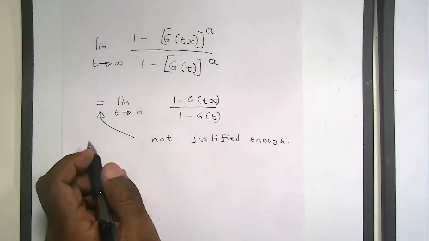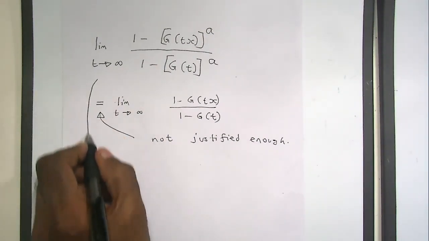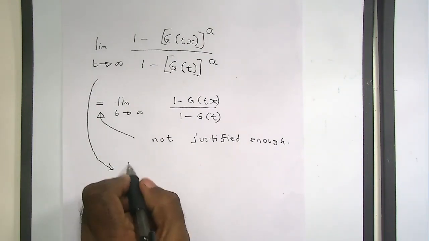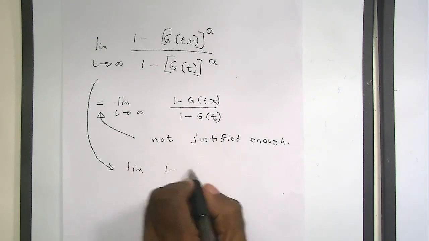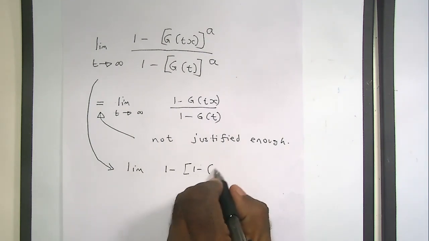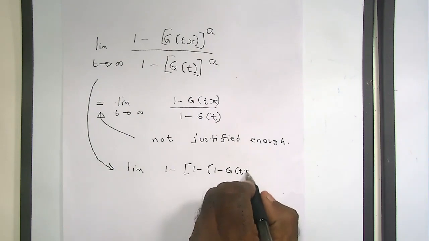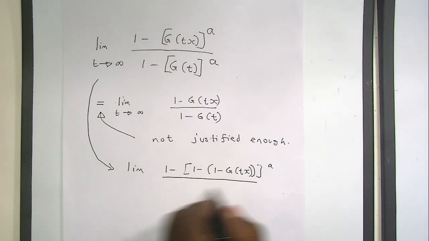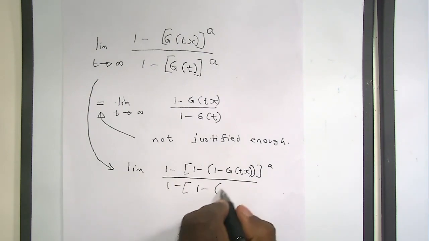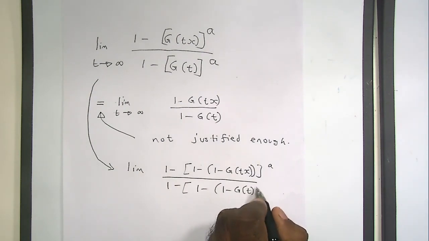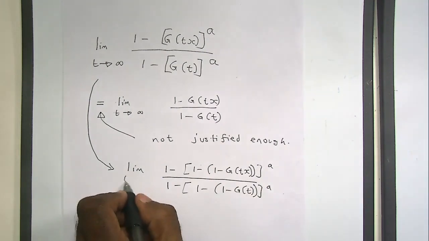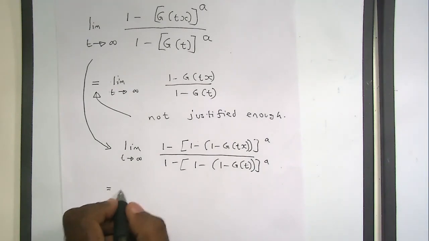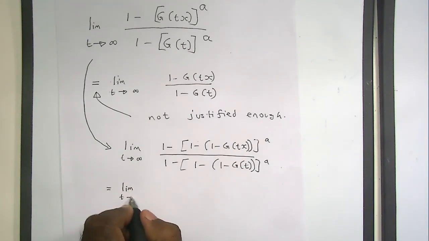I think one way to do that is as follows. There are several ways you can do this. One way is to write this as the limit as t goes to infinity, and then you can apply one of the rules I mentioned to you earlier.